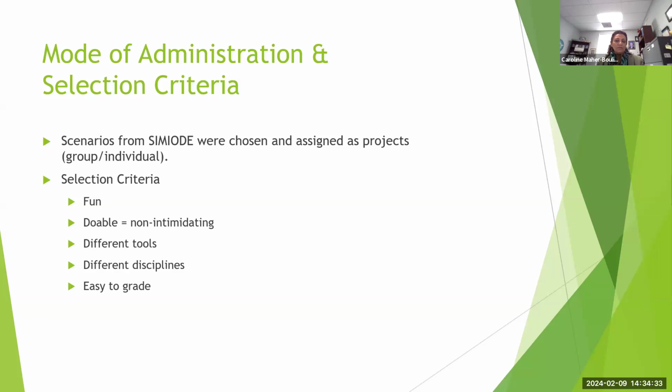And of course, I wanted things to be easy on me to grade also. So those were the criteria upon which I chose a scenario. And the three that I used the last 2 years satisfied these criteria for me.